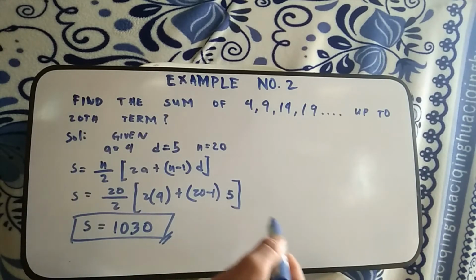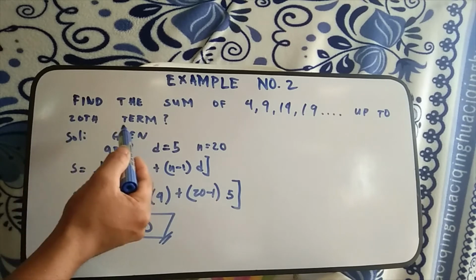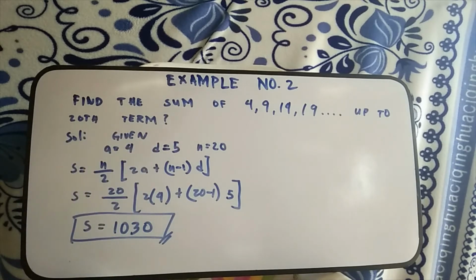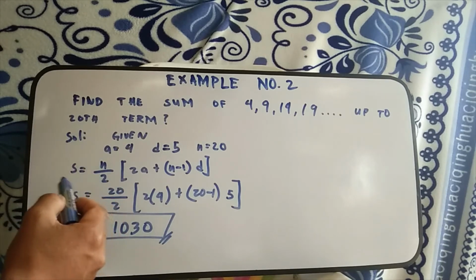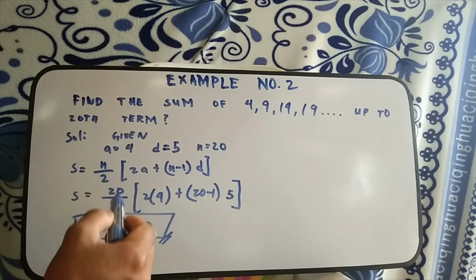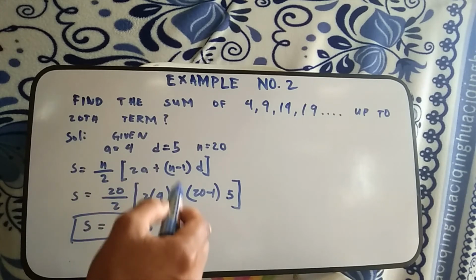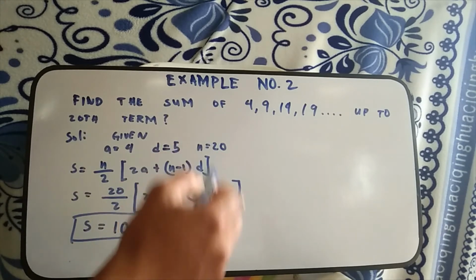N is 20 because 20 terms. The formula we will use is S is equal to N all over by 2 times 2A plus N less 1 times D.